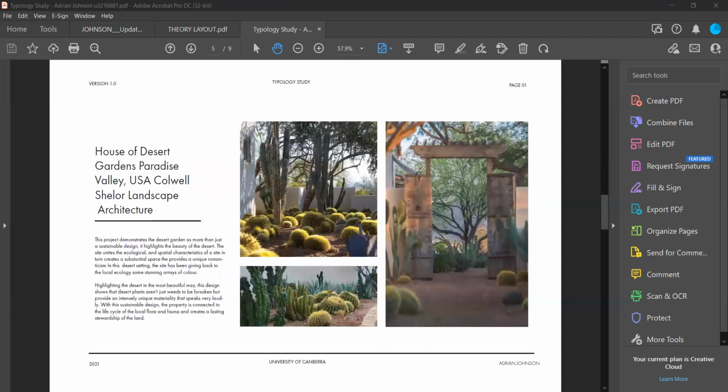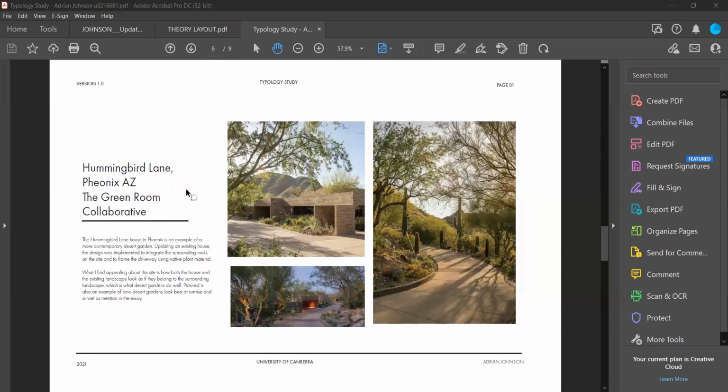Going into examples of that will be the House of the Desert Gardens in Paradise Valley in the USA. This is a beautiful example of what a desert landscape can look like. It has a beautiful array of plantings and cactus, and the way that the color palette sets between the concrete walls, the wood exterior, and the natural desert surrounds really makes quite a beautiful design.